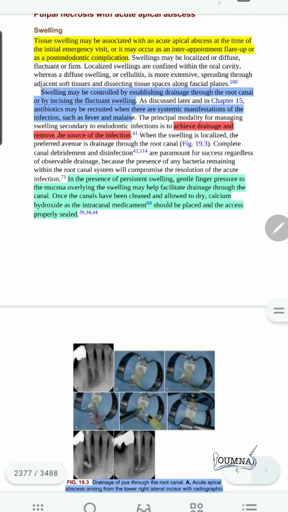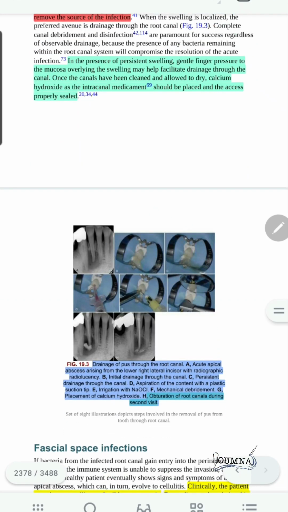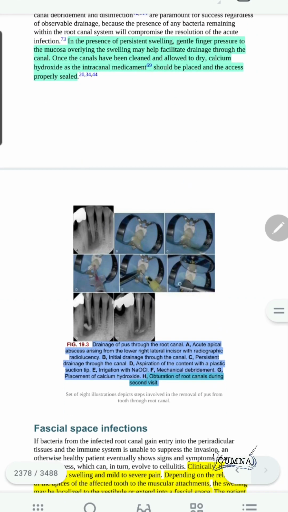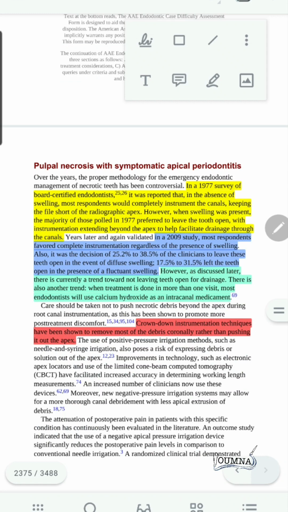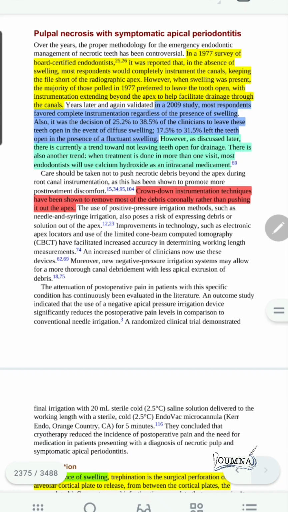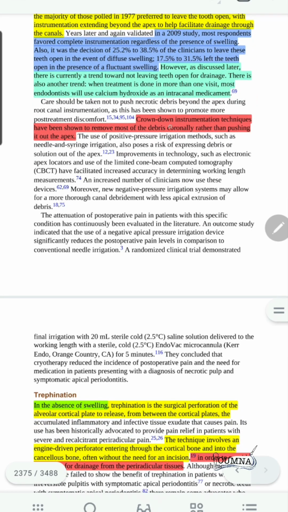Also, removing the necrotic pulp, which is the source of the infection, is important to relieve the symptoms and the case as a whole. These cases are usually done in multiple visits, so we use an intracanal medication, which is calcium hydroxide, between the visits.